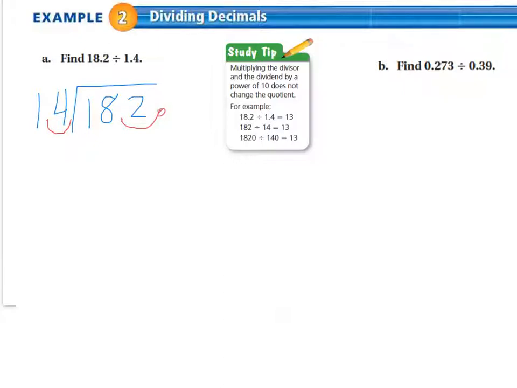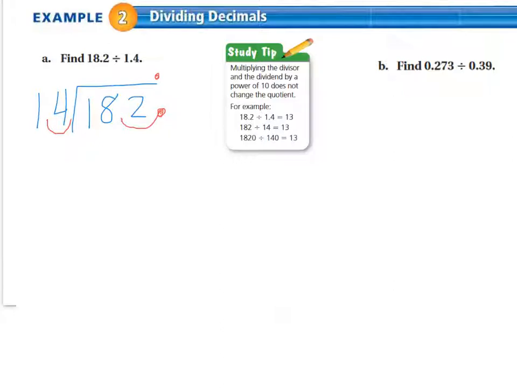So technically there is a decimal here now. Since it's at the end of a whole number, it's not necessary, but for our practice here, I'm going to put the decimal straight up because that's where it would go if it were not at the end of a number. You would still move it straight up. So now my problem has become 182 divided by 14, and I can divide as usual.